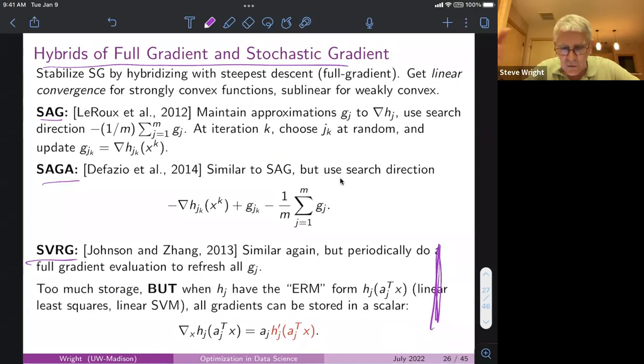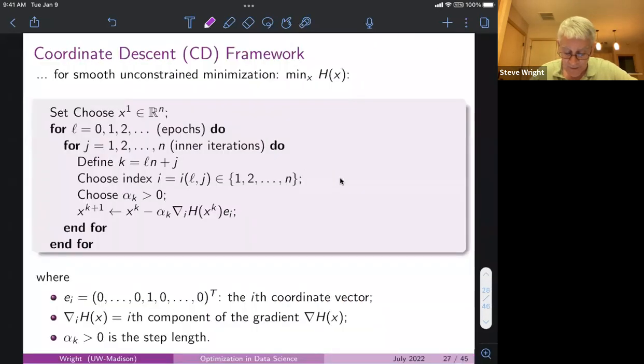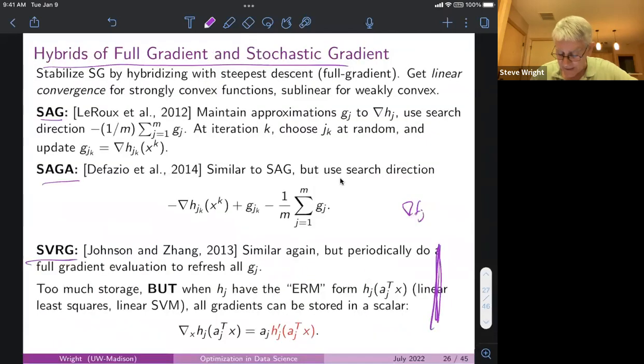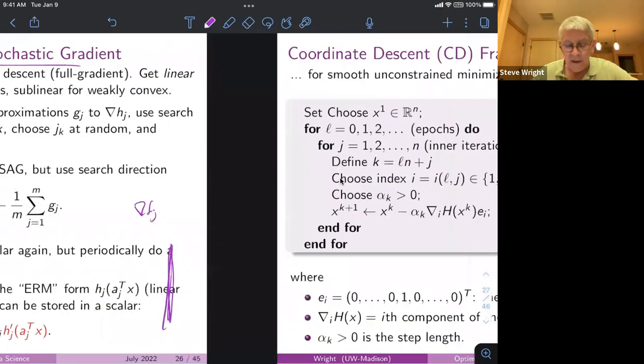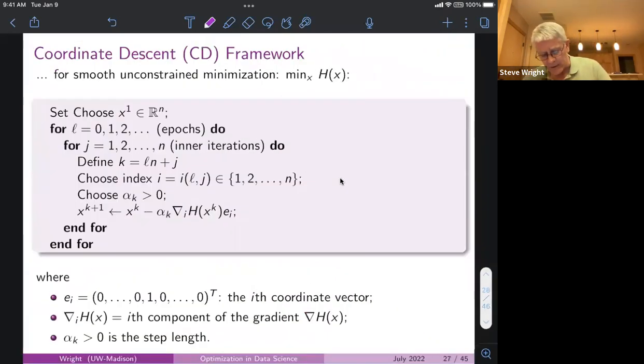And then in between full gradient evaluations, it kind of updates that full gradient by just evaluating individual grad f of xj's, just like stochastic gradients. So it really is a true hybrid of the two methods. And you can prove nice things about rates here. You can prove linear rates that look more like the full gradient method.